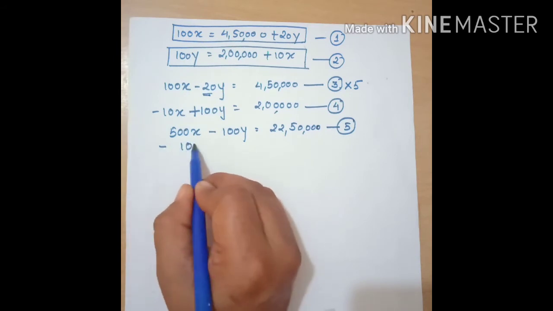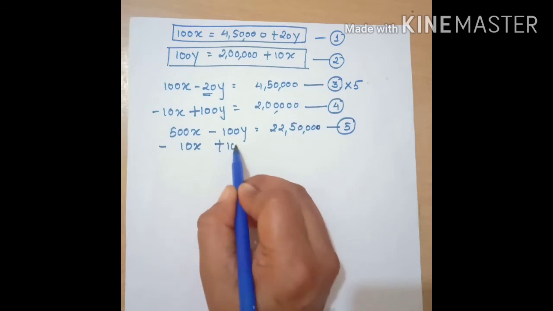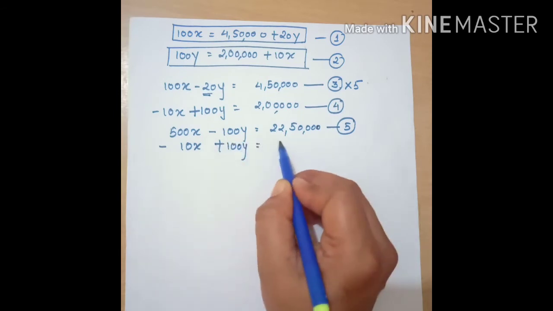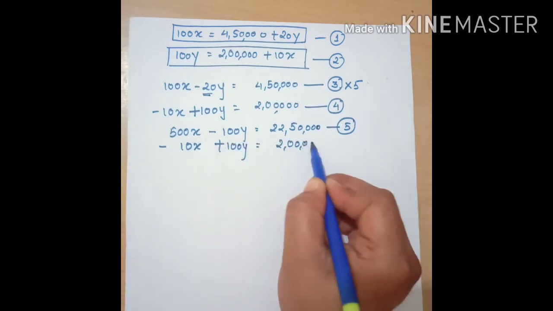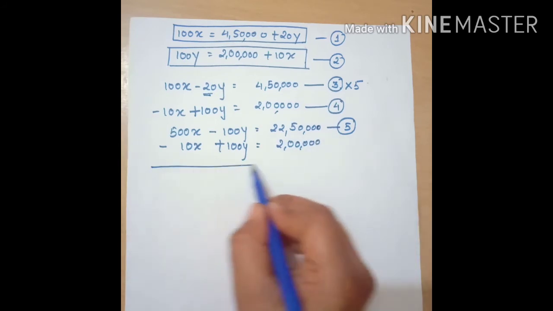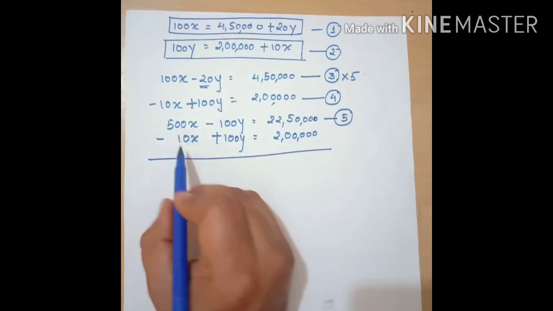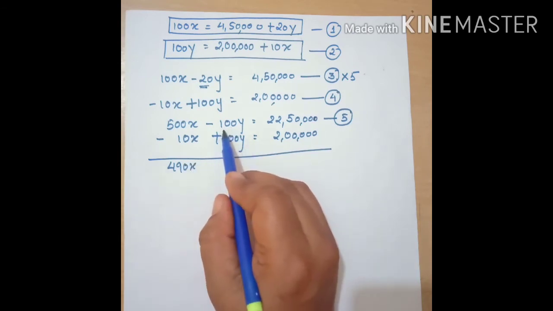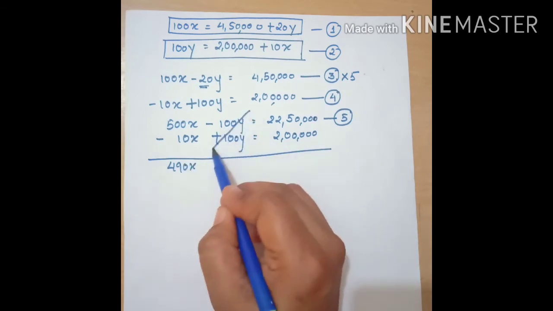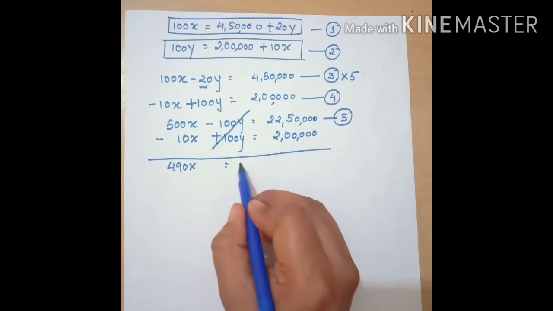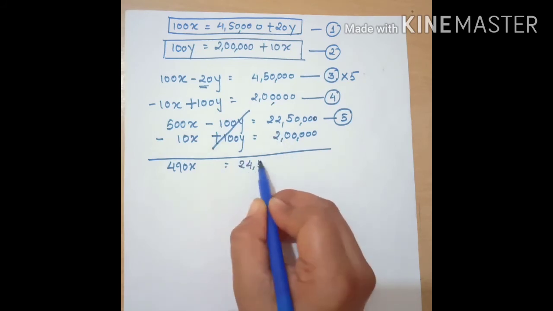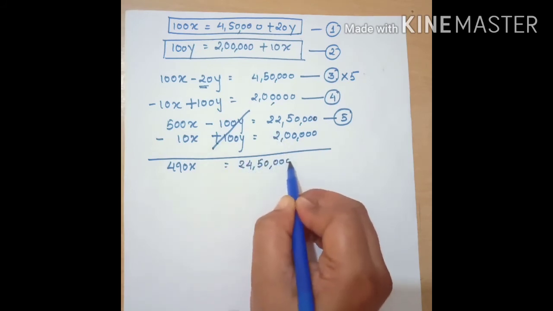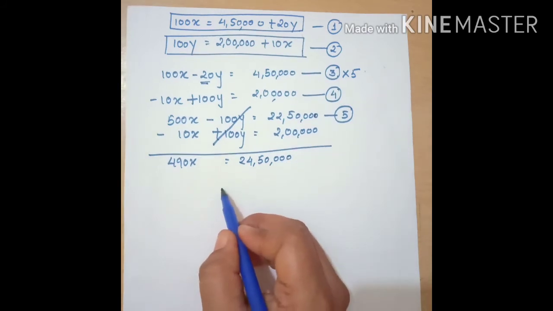So minus 10X plus 100Y is equal to 2 lakhs. If we subtract, what will we get? We will get 490X. The minus 100Y and plus 100Y get cancelled. Here we have to do addition. We will come with the answer 24,50,000.